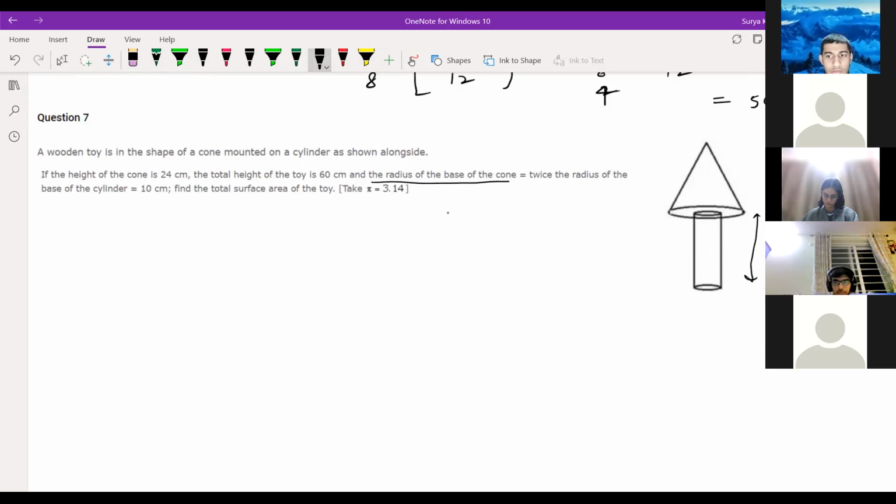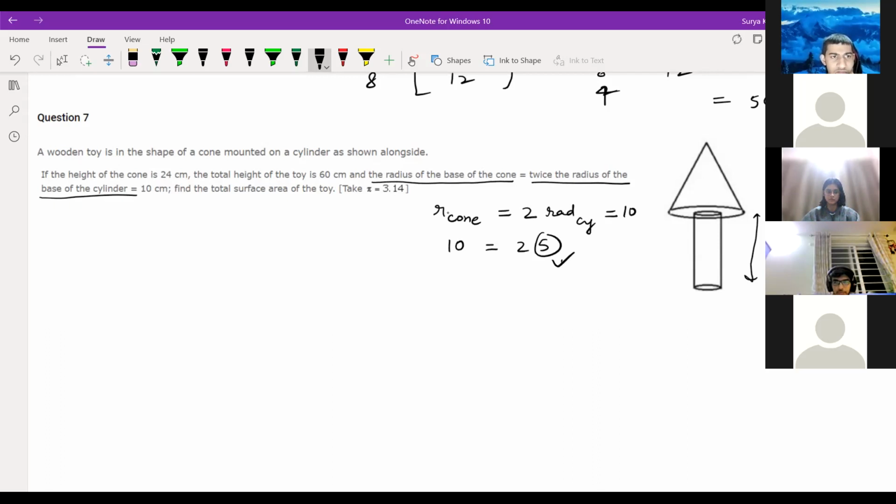Radius of the cone is equals to twice the radius of the cylinder, which is equal to 10. It means that radius of the cone is 10 and radius of cylinder is what? 5. Is it clear or not?